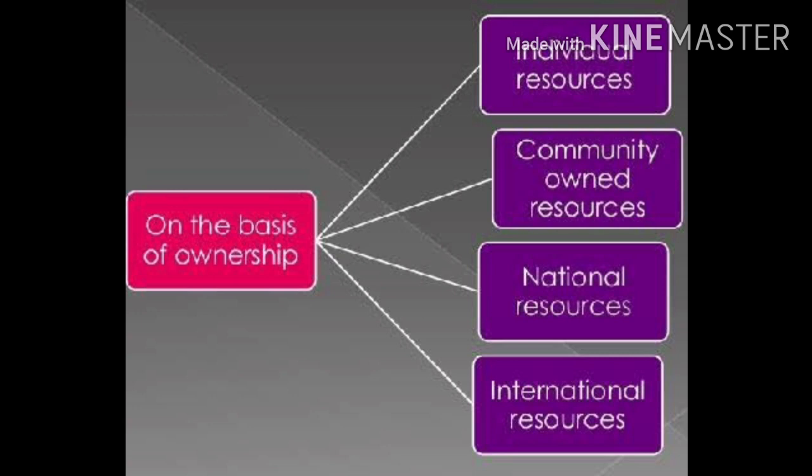Here, the government has the authority to acquire all these lands. All the minerals, water resources, forests, wildlife, land within the political boundaries of a nation, and even in the ocean up to 12 nautical miles, that means 22.2 kilometers, belong to a particular nation. So this is called national resources.